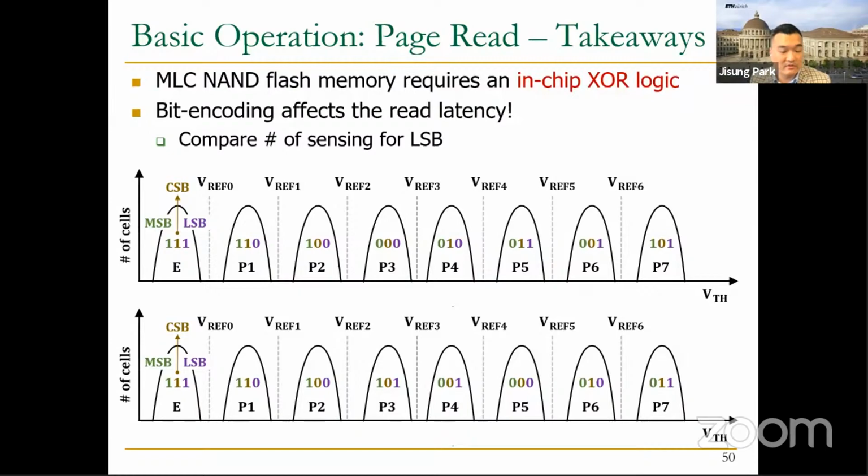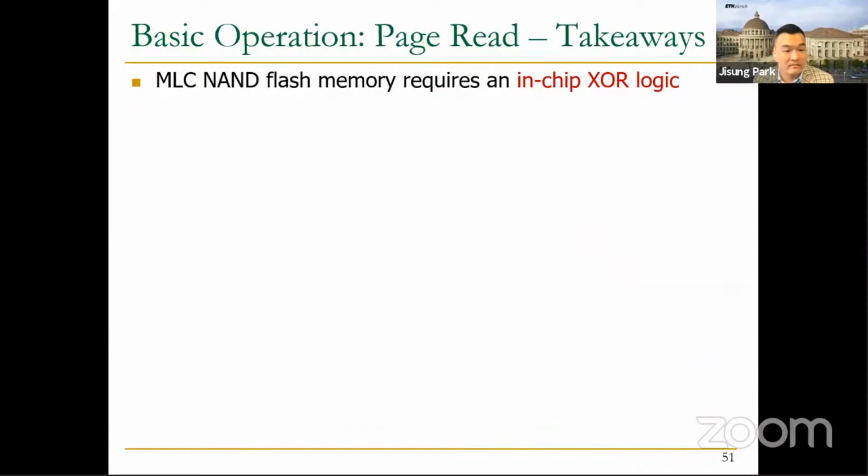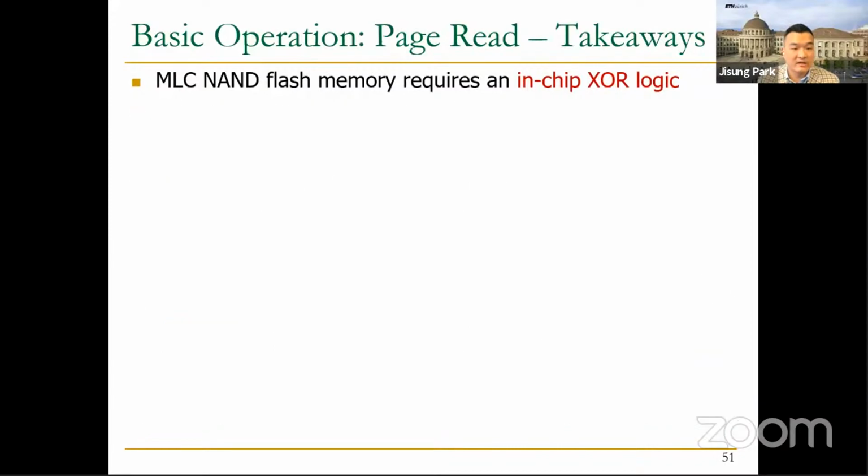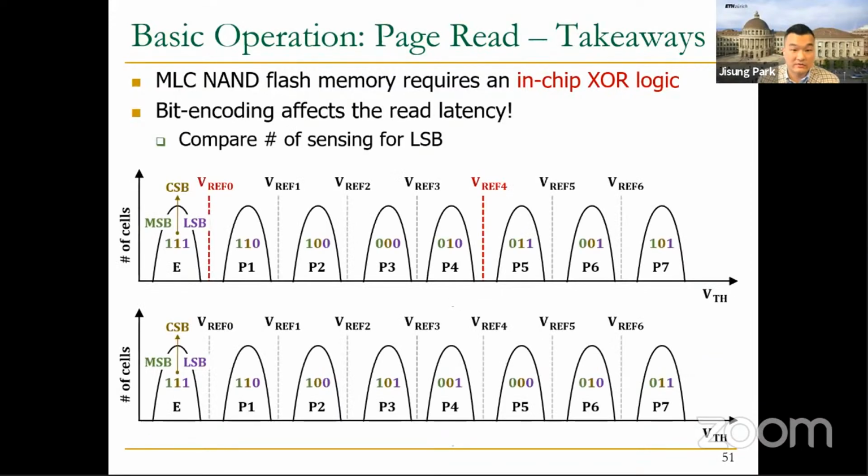For example, let's compare the number of sensing steps required for reading an LSB page under these two different encoding schemes. Under the first encoding scheme, shown in the top figure and actually used in previous slides, 2 sensing steps are required, using BREF0 and BREF4 respectively.